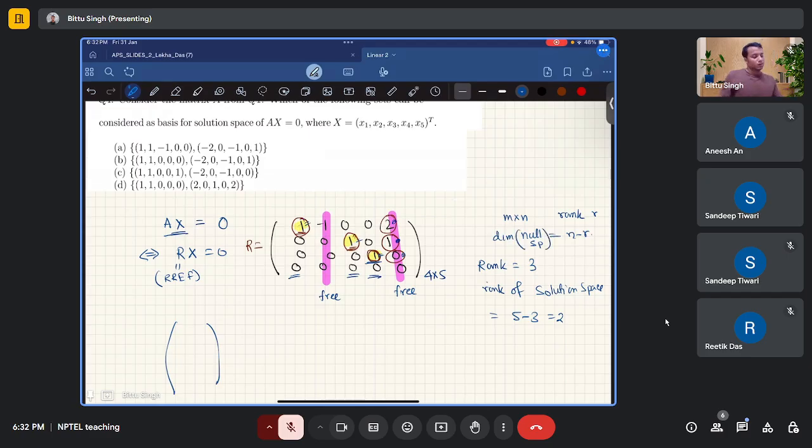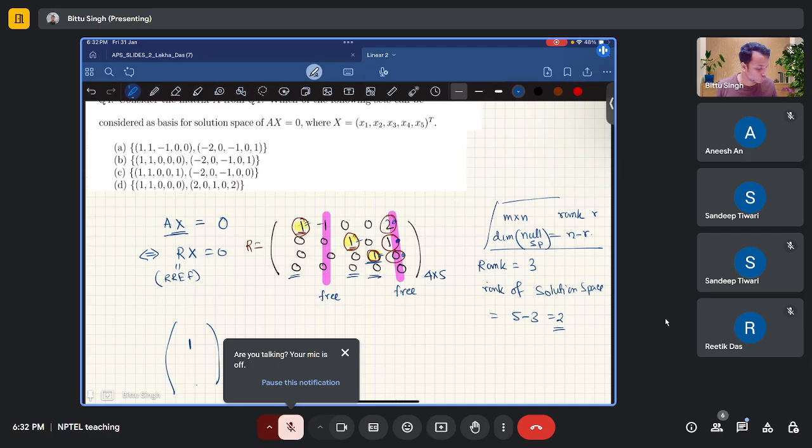Okay, dimension is not introduced, but let us write. So the main thing is that there are only two linearly independent solutions. So here you can see that the second and fifth columns, here you can choose anything. So I will choose those two things.